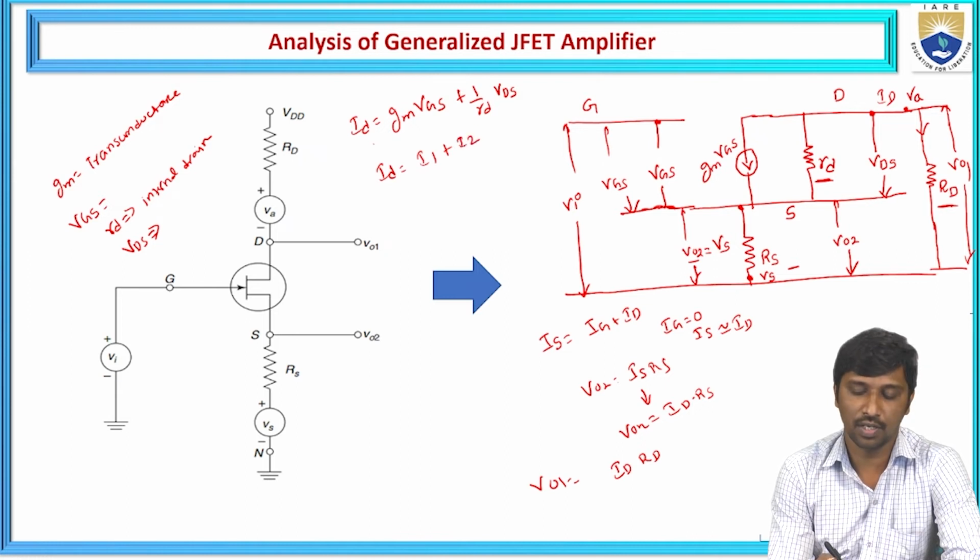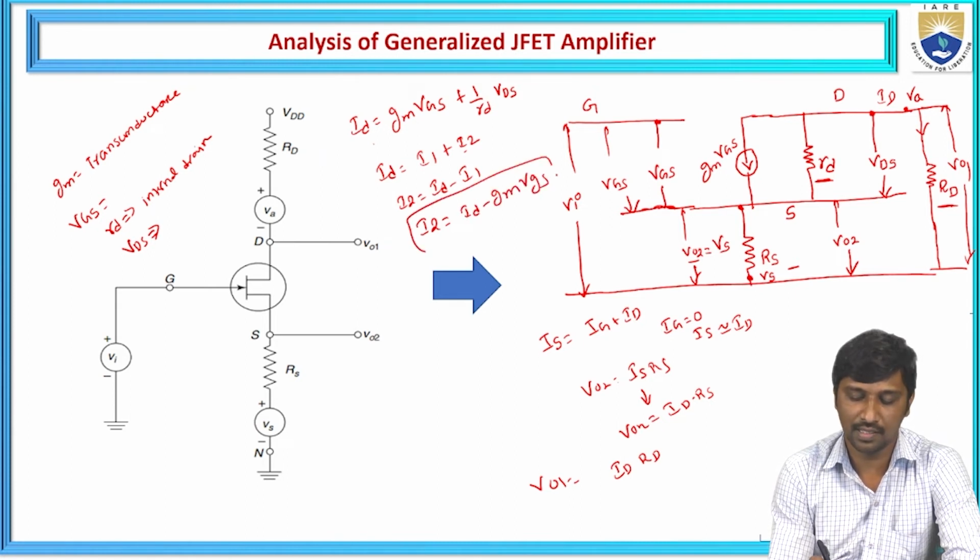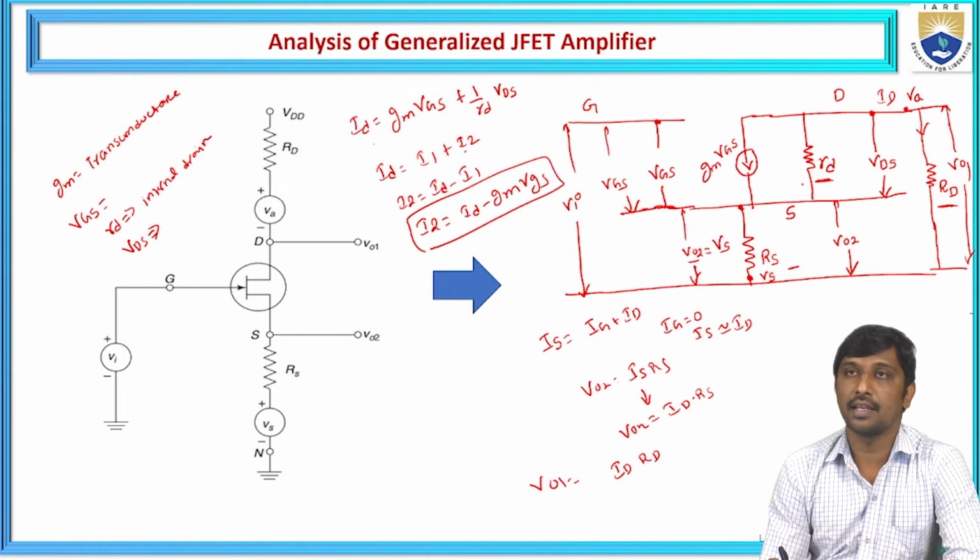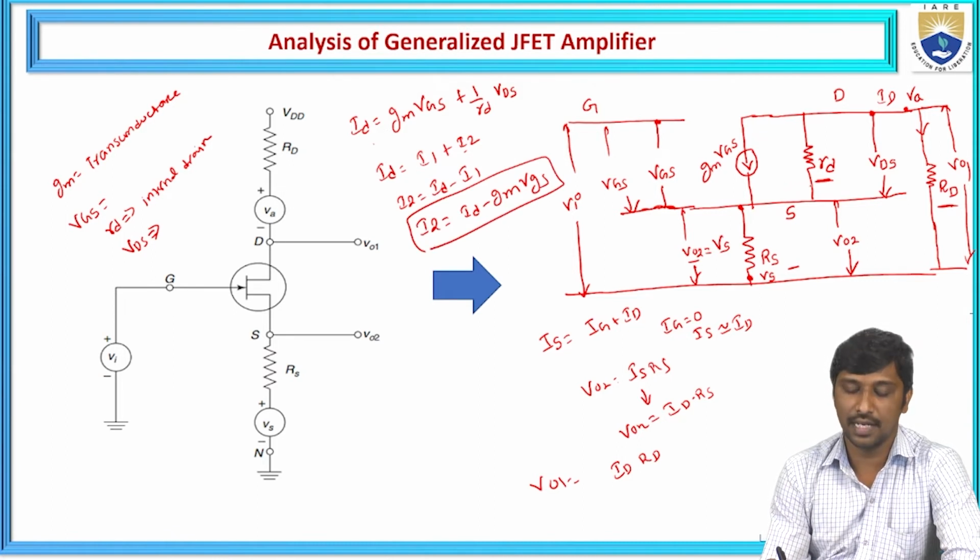Here I represent gm VGS as I1 and VDS by rd as I2. Now I need to calculate this I2, so I2 is equal to ID minus I1, that is, ID minus gm times VGS. This is the current flowing across the internal drain resistance.